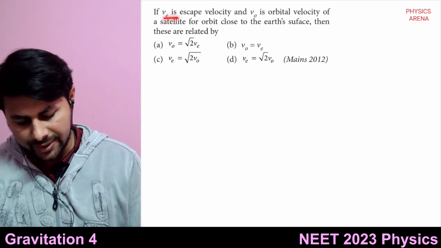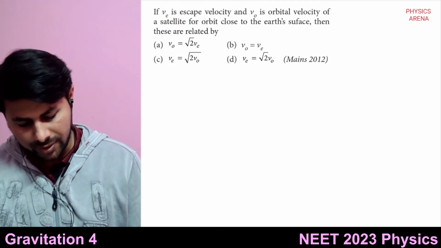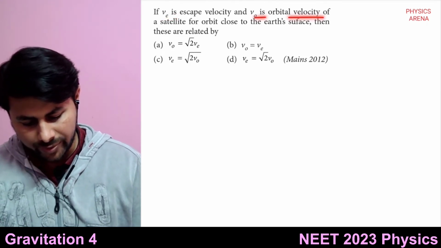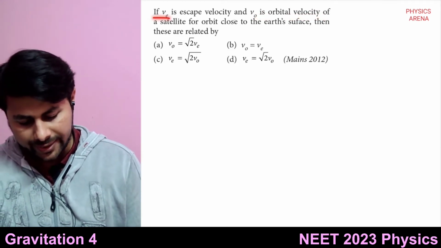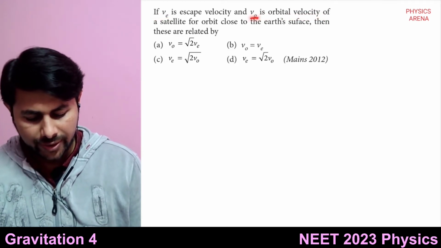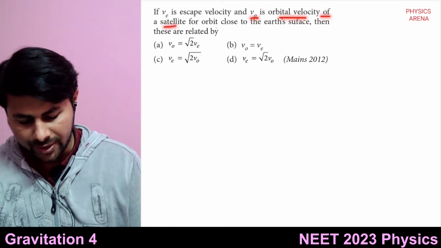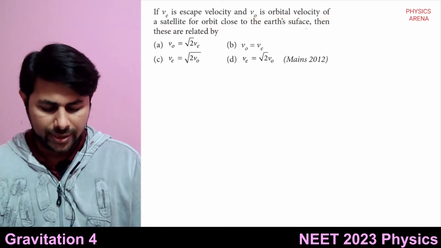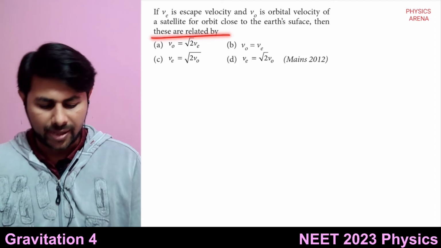If V is the escape velocity and V0 is the orbital velocity of a satellite for an orbit close to Earth's surface, then these are related by.